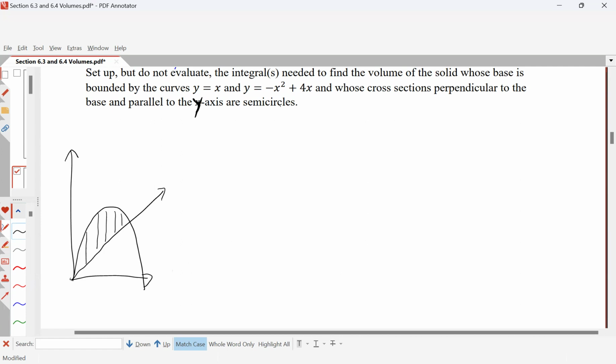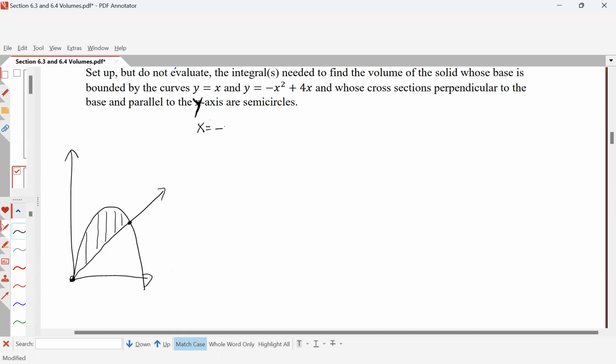So first, we want to figure out where this base is bounded on the x-axis. So we have the area between these curves y equals x and y equals negative x squared plus 4x.